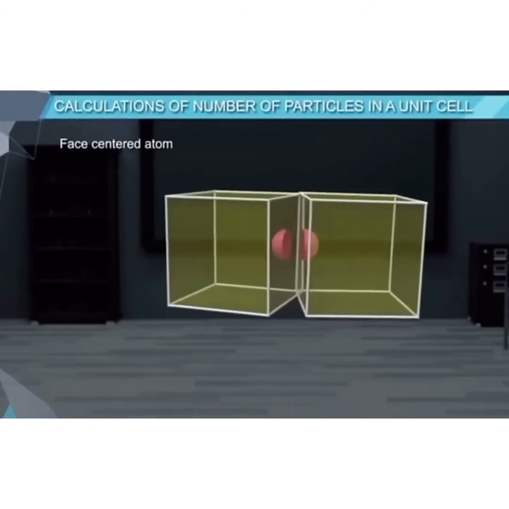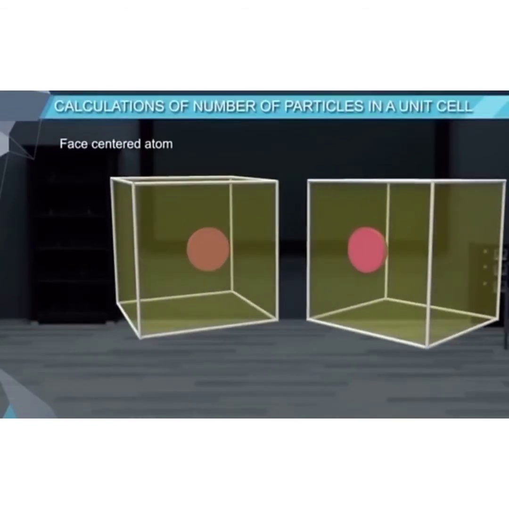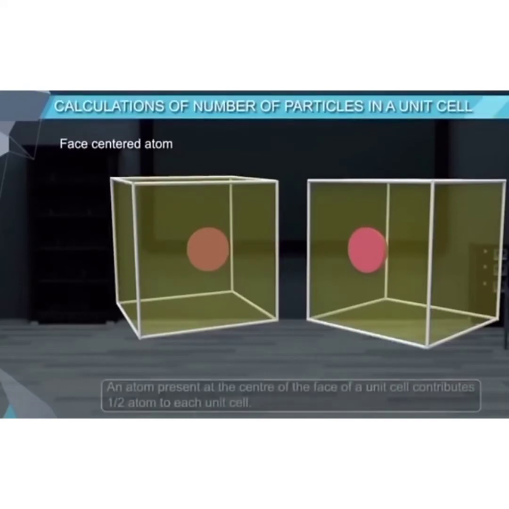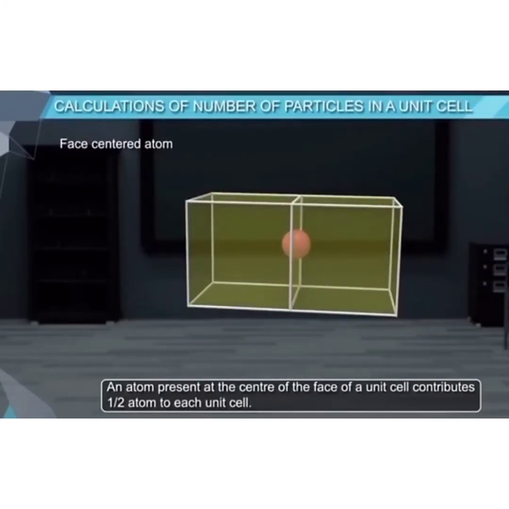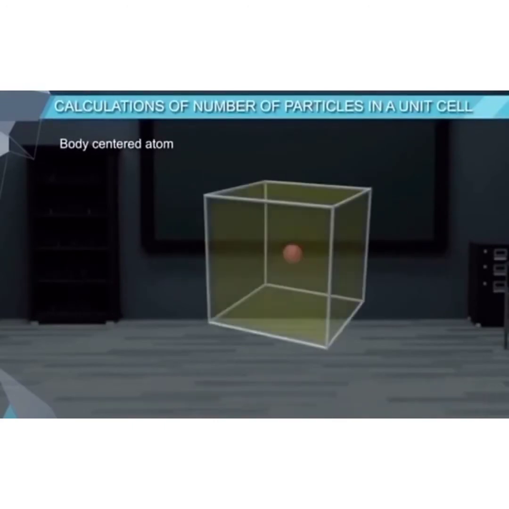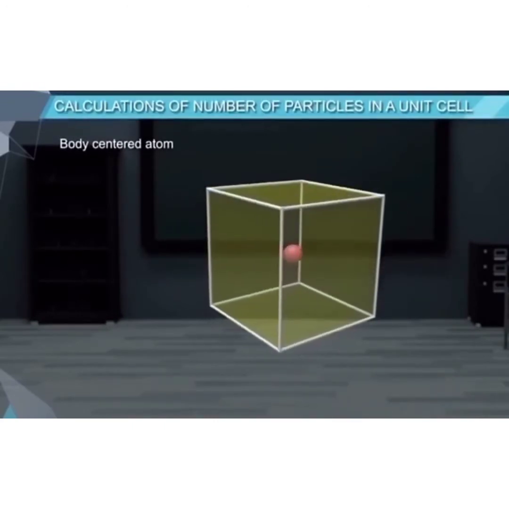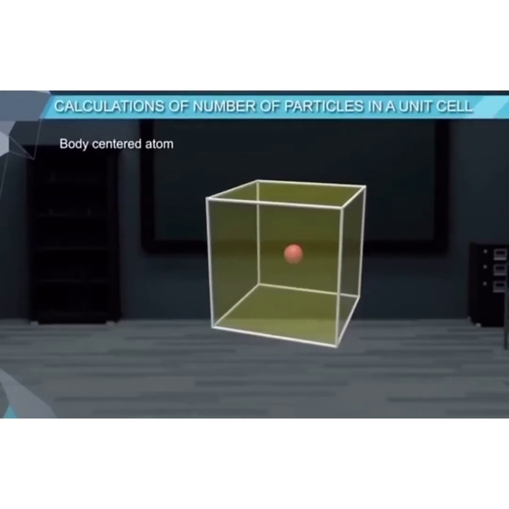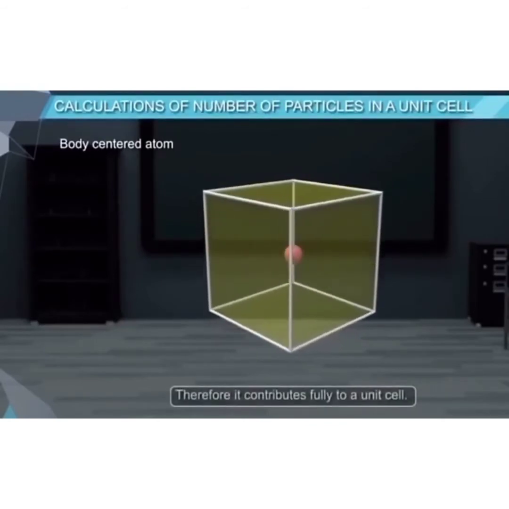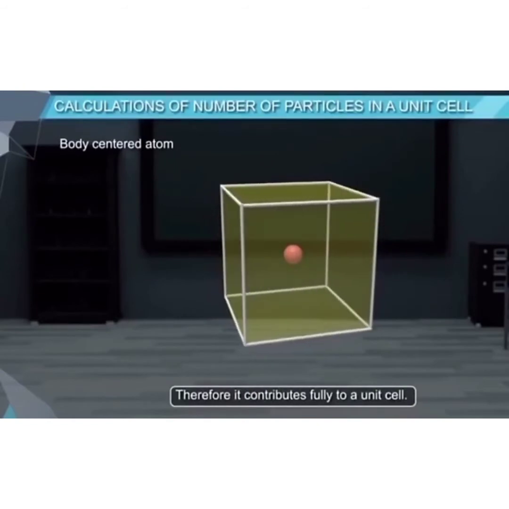The atom which is present in the face center is shared by 2 unit cells. Hence, an atom present at the face center of the unit cell contributes 1/2 atom to the unit cell. The atom which is present in the body center of the unit cell belongs completely to the unit cell.